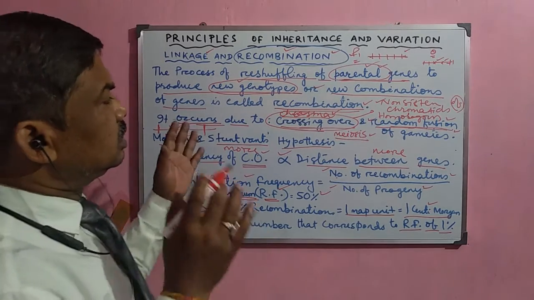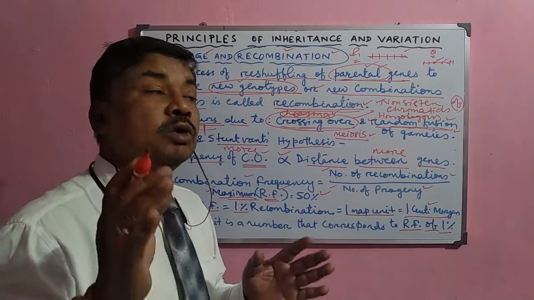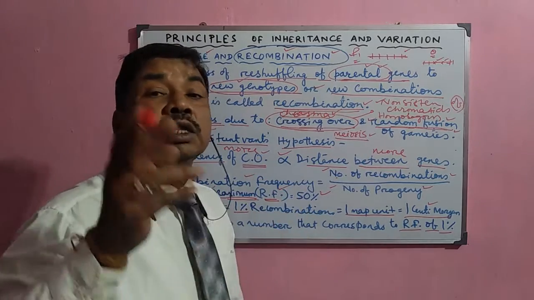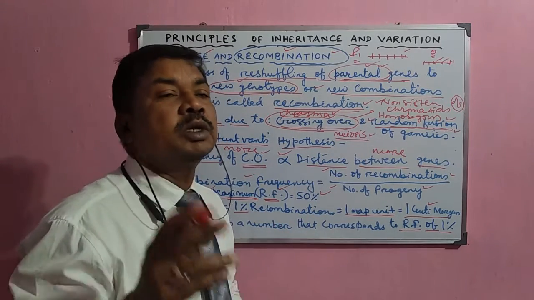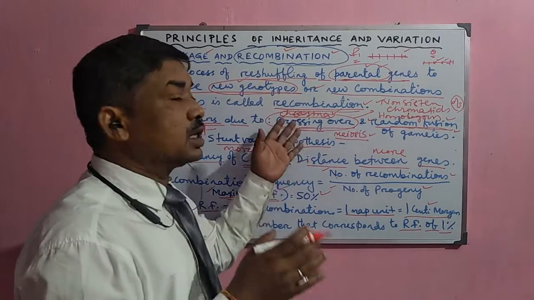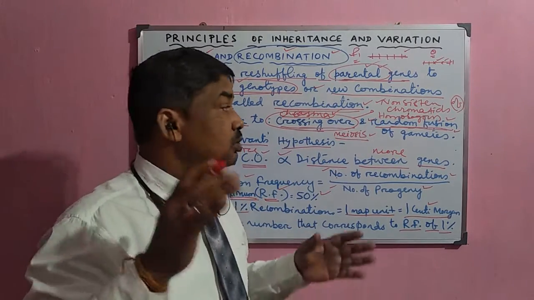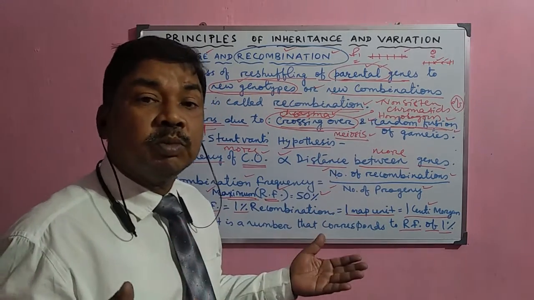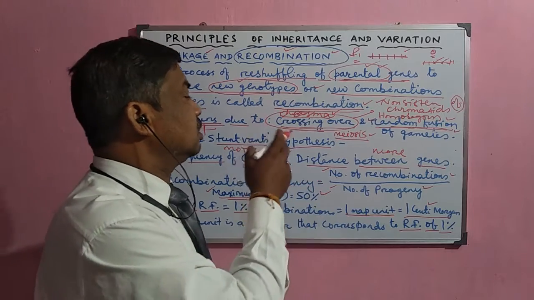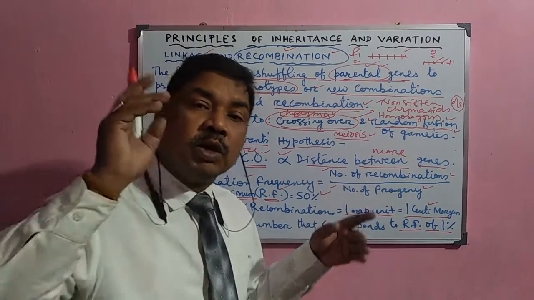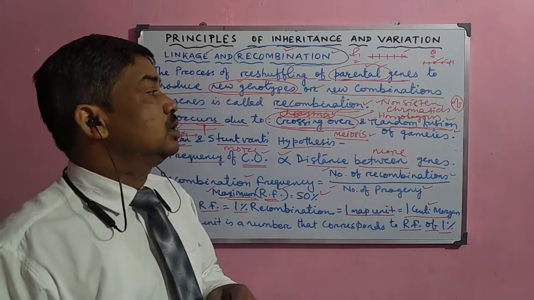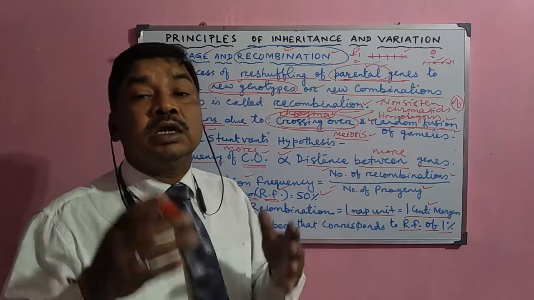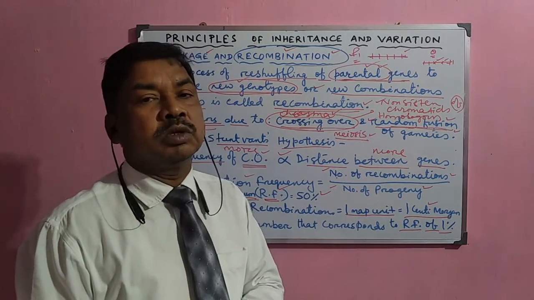Now, this recombination phenomenon is commonly observed in almost every species, every organism. That is why the characters present in the offspring are not exactly the same as their parents, because this is the process of sexual reproduction. During gamete formation, meiosis occurs, and when meiosis occurs, crossing over occurs, and due to crossing over, exchange of genes occurs, and due to this exchange, new recombinations are formed.